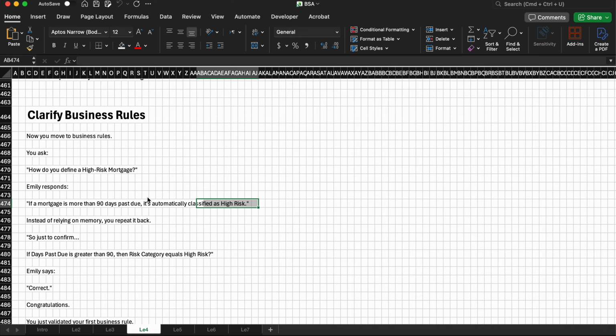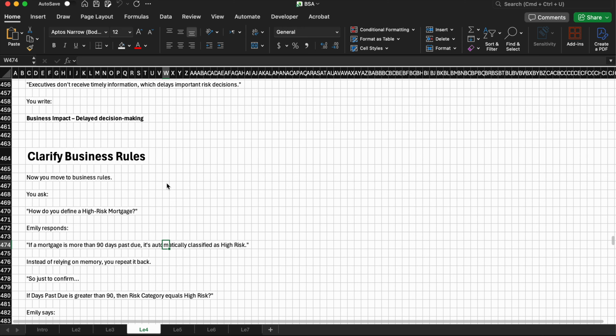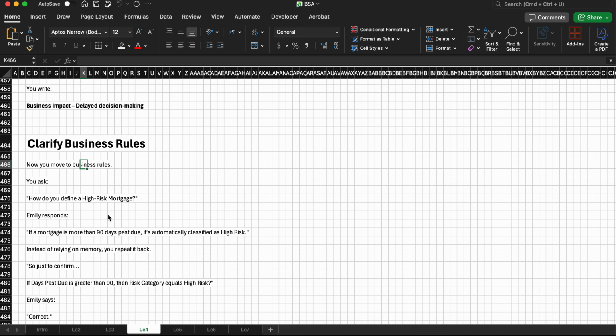For whatever reason, the customer is contacted but is not making the payment, or is not contacted. There are some other factors too, but this is the business rule, right? That's the question we are asking: which loans are past due?